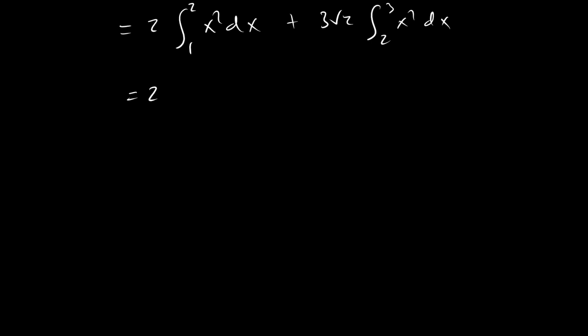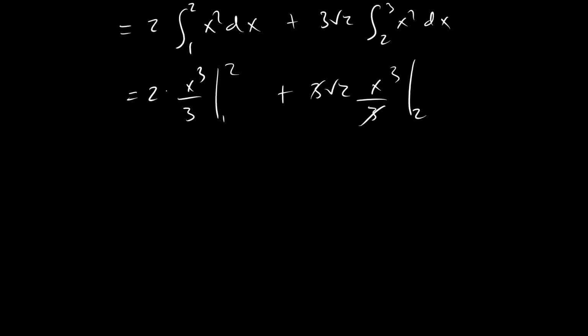So this becomes 2 x cubed over 3 from 1 to 2, plus 3 root 2 x cubed over 3 from 2 to 3. So this is 2 times 8 minus 1 over 3, plus root 2 times 27 minus 8.